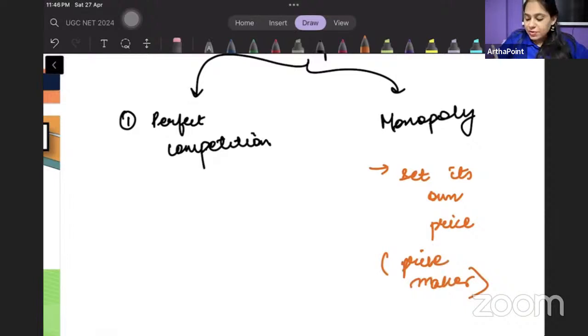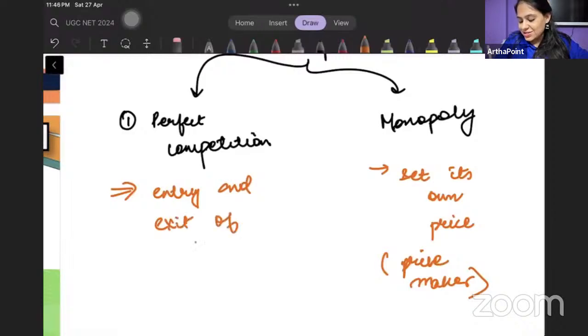Why perfect competition? Because there is entry and exit of firms.